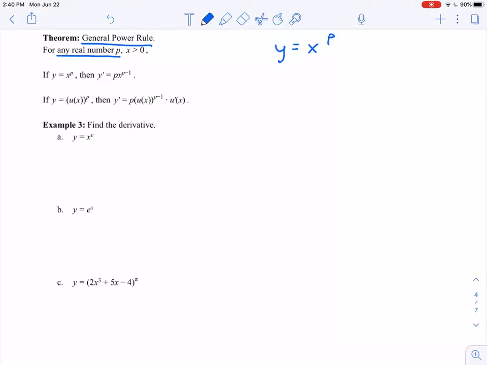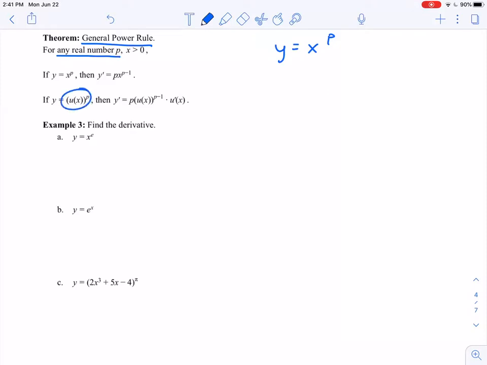You can also generalize this power rule to work with the chain rule as well. If you have y equals u of x, or simply u to the p power, you may have noticed this kind of general structure to derivatives that look like this. But we can actually give a formula here for functions raised to a power. So, okay, what do we do with these?